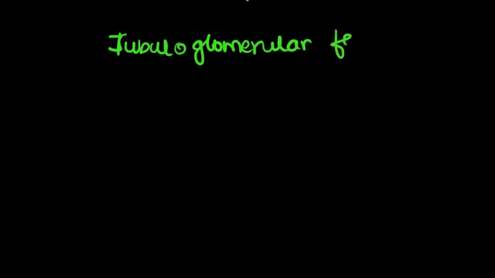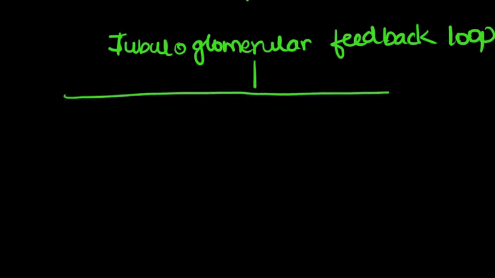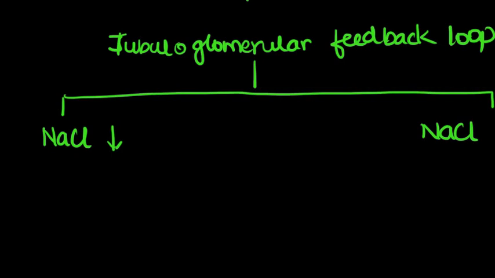So we have the tubuloglomerular feedback loop. In this there are two options: if the sodium chloride in the tubular fluid is low, or if the macula densa senses the sodium chloride in the tubular fluid is on a higher side.